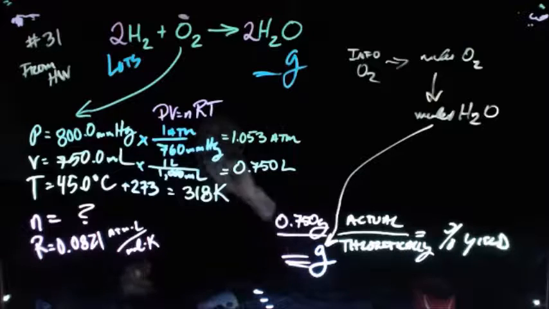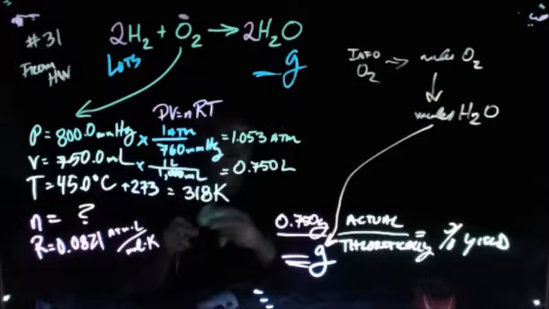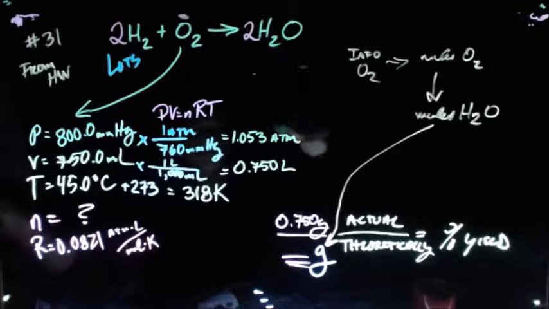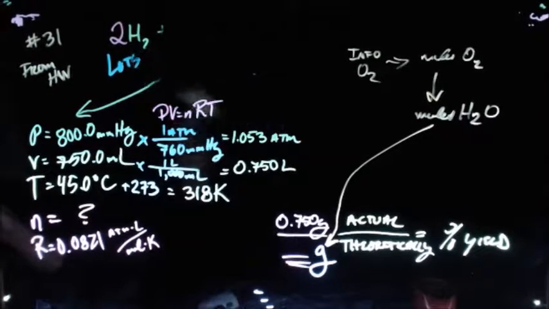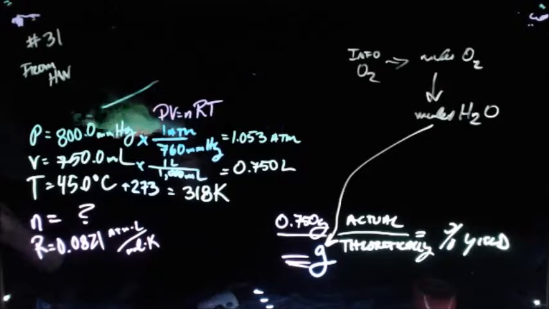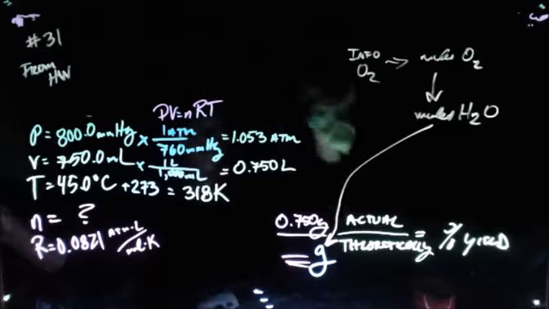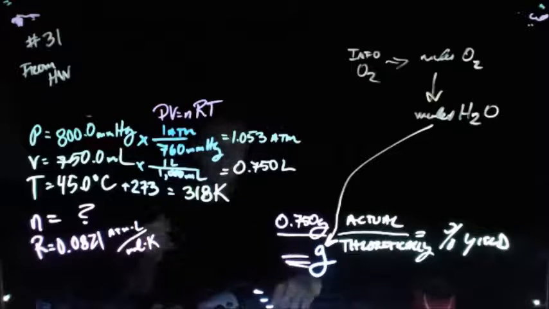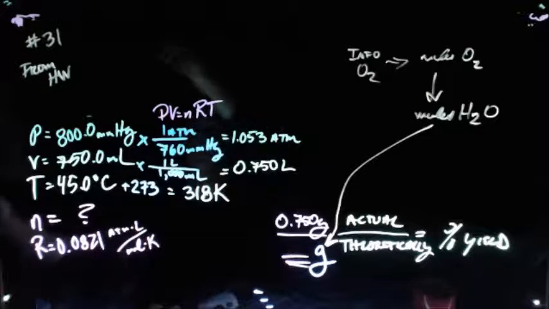Then I take my ideal gas law and rearrange it to find moles. I'm going to divide PV over to the other side.